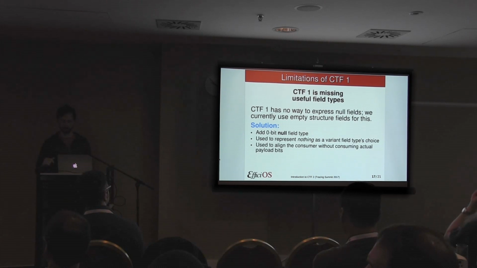So, for example, an optional field would be a variant, so a discriminated union, where the choices are null and, well, the actual field that's optional. It could also be used to align the consumer without actually consuming any payload data. So again, we use an empty structure field which has a specific alignment for this use case right now, but it's kind of a hack.